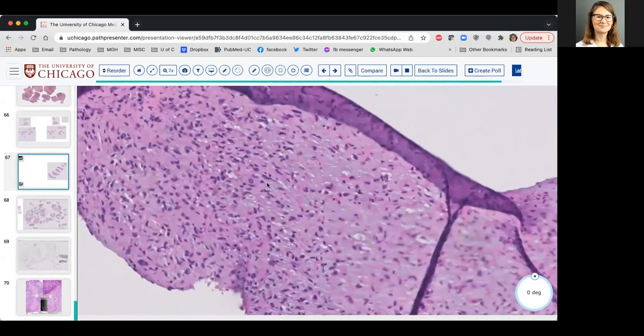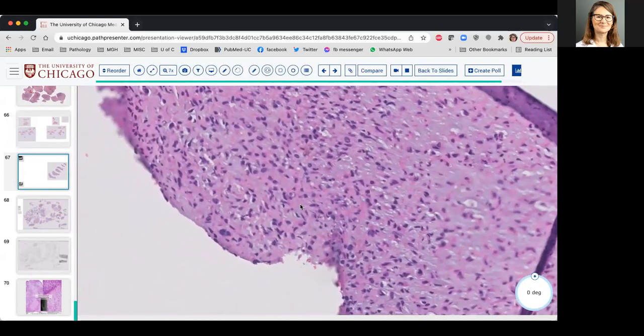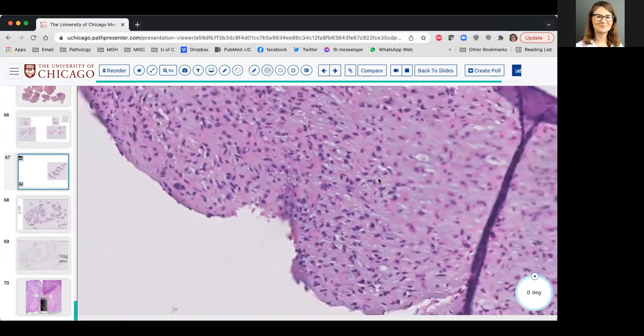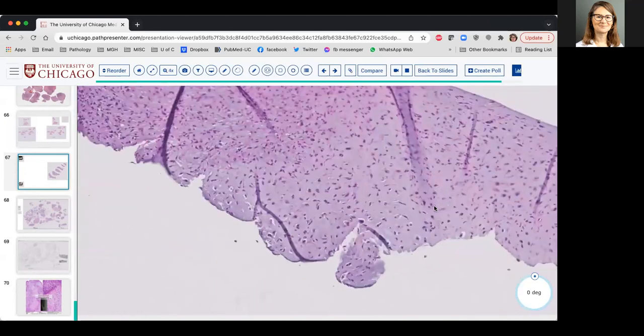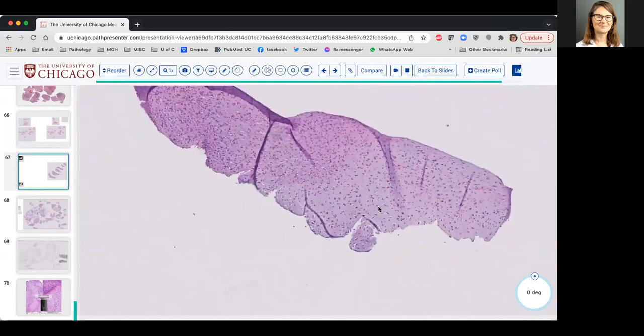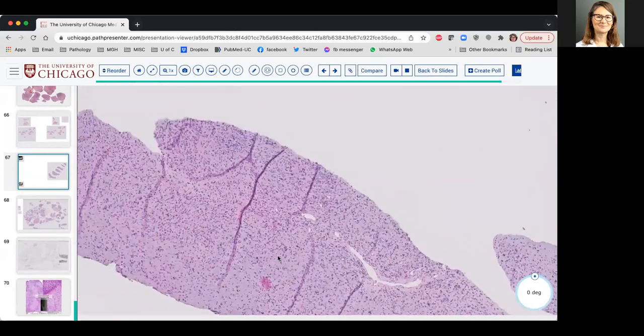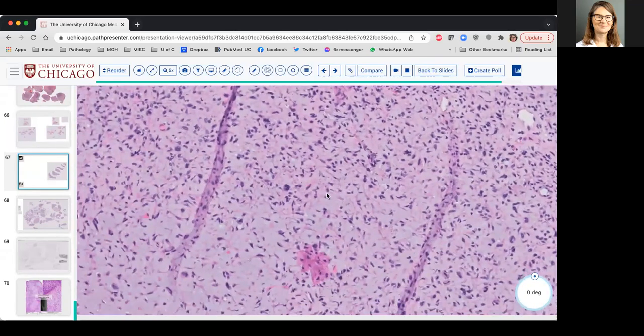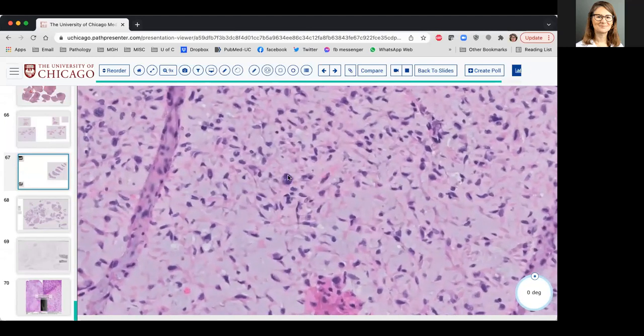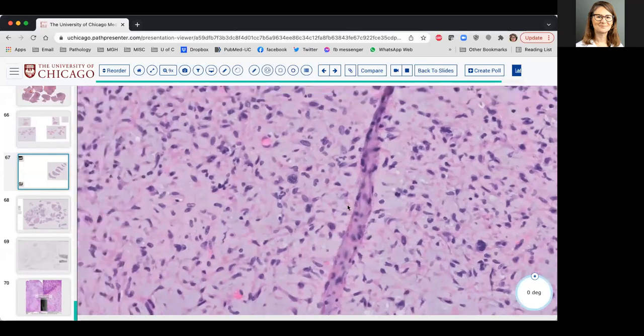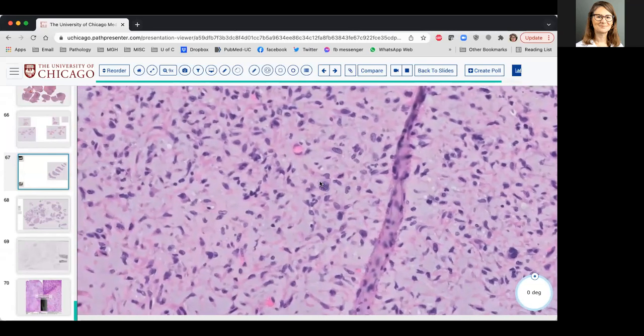In some areas you get this hypercellularity. You certainly get this kind of myxoid stellate shaped cellularity. And then in areas you get these nuclei that stand out as enlarged and hyperchromatic and kind of multilobulated, multinucleated.